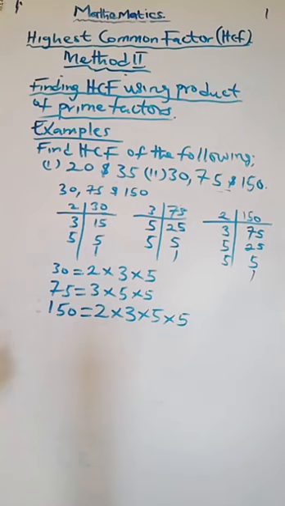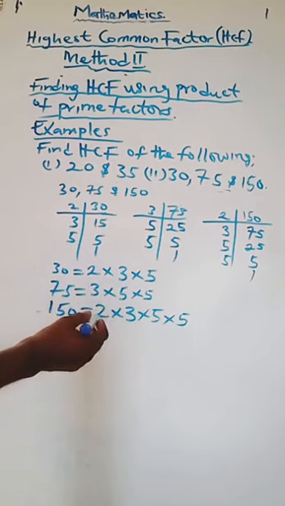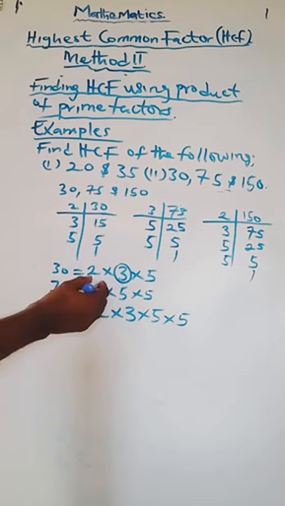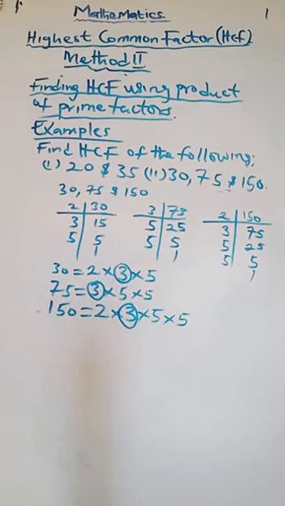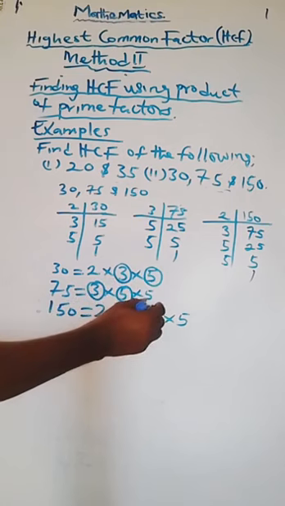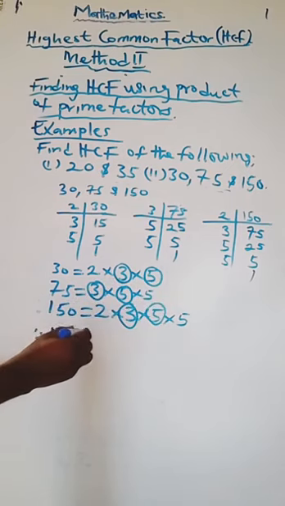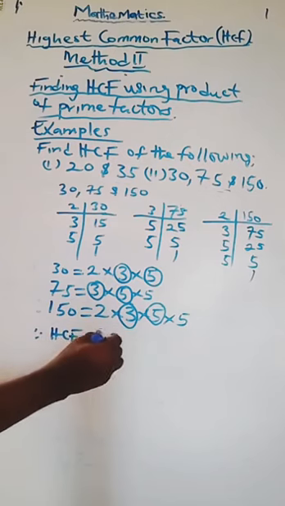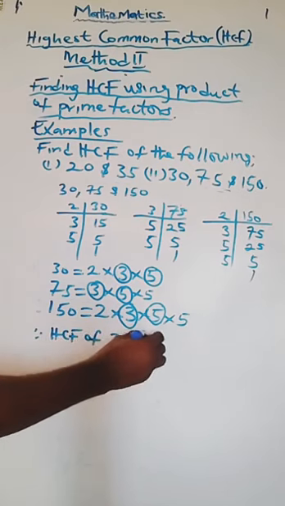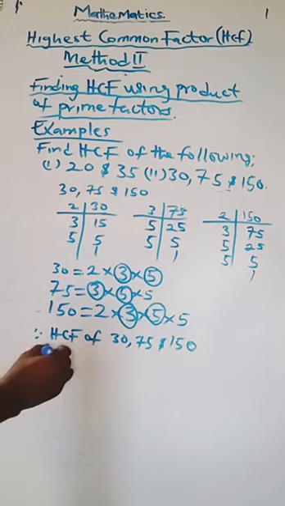Now let's start picking the common prime factors. 2 is here, 2 is not here, so we can't pick 2. 3 is here, 3 is here, 3 is here, right? You can pick 3. 5 is here, 5 is here, and 5 is here. Therefore, HCF of 30, 75, and 150 equals 3 times 5.